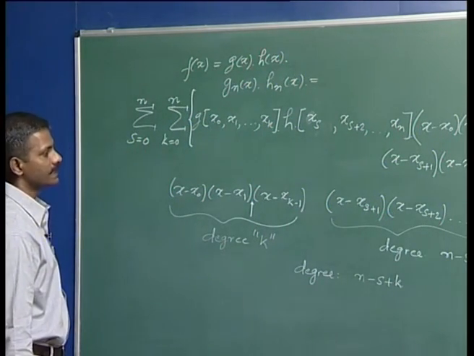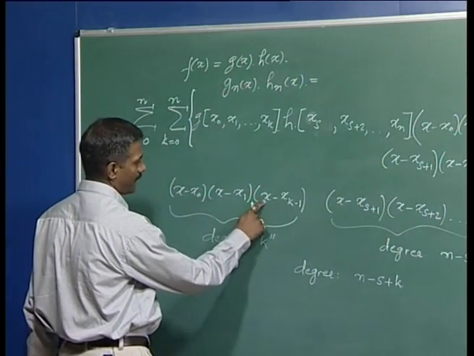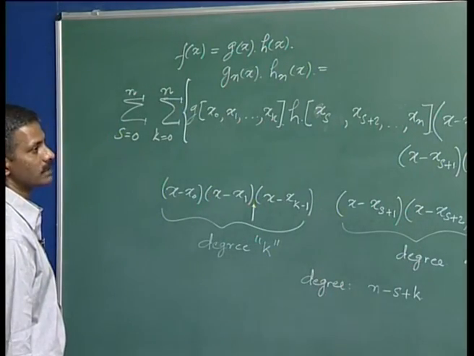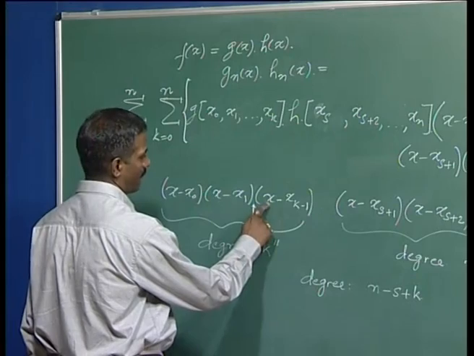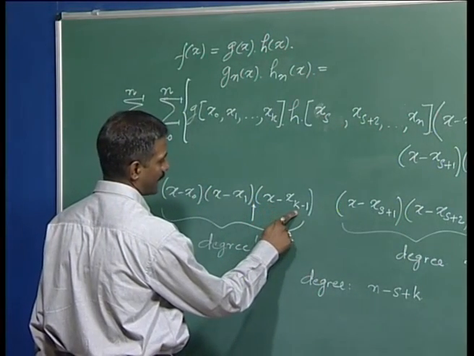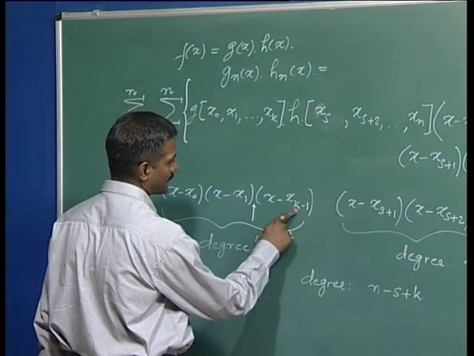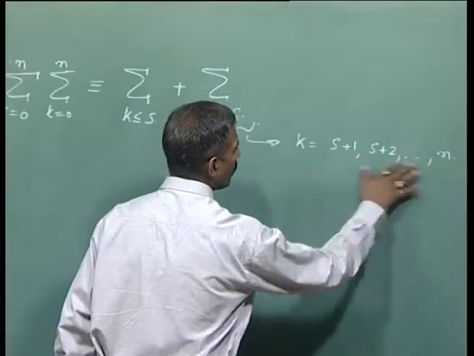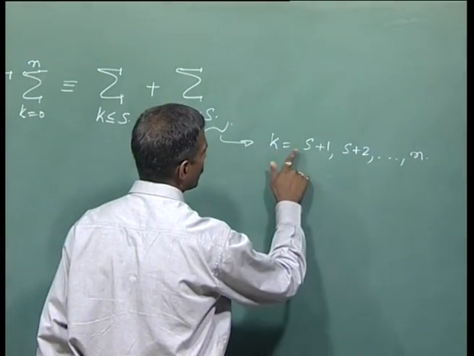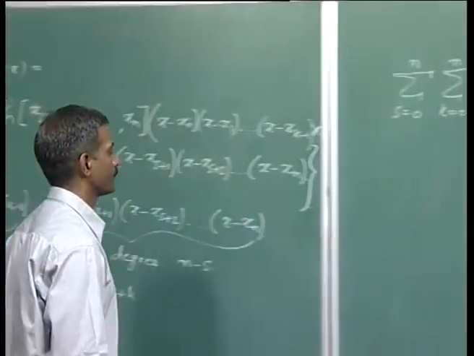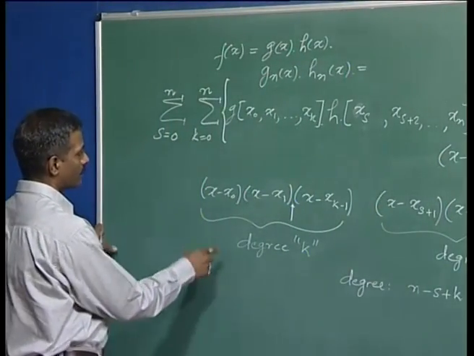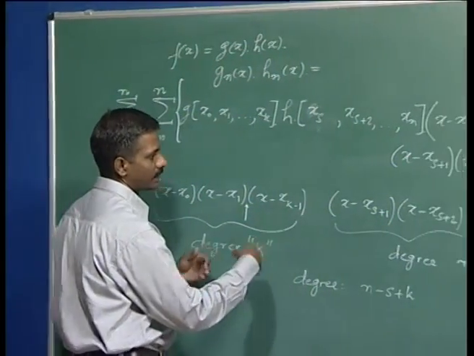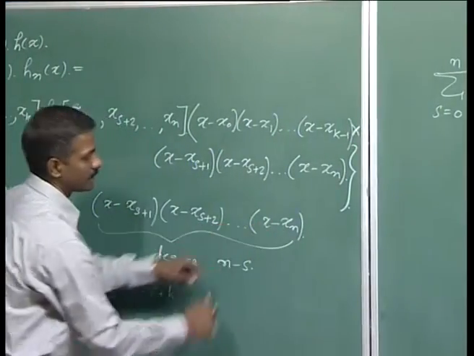For k equals s plus 1, we have x minus xs. For k equals s plus 2, we have x minus xs, and then we have x minus xs plus 1. So if you notice, for all values of k greater than s, we will have terms involving x minus x0, x minus x1, x minus x2 up till x minus xn.